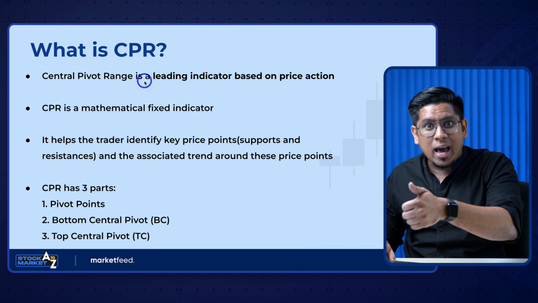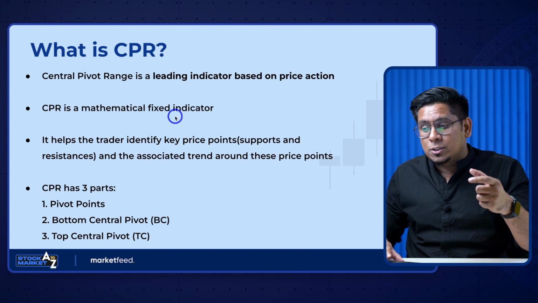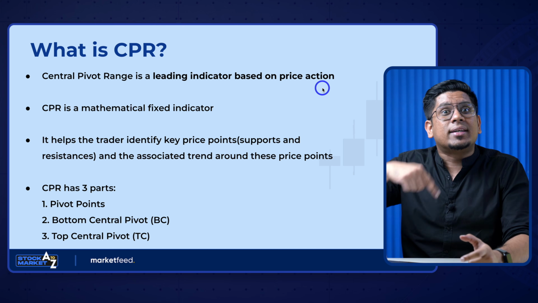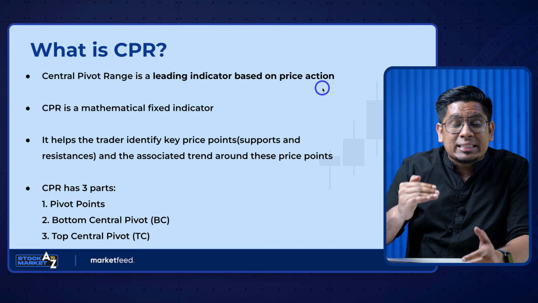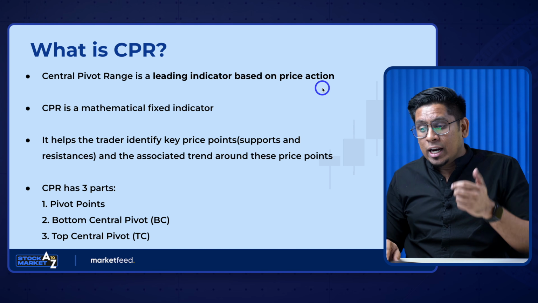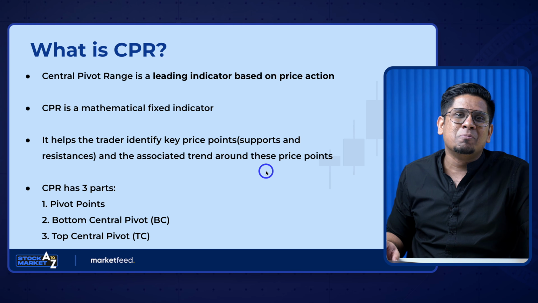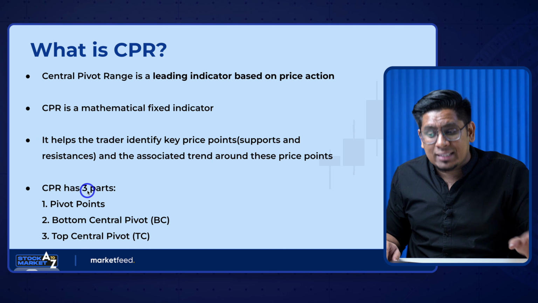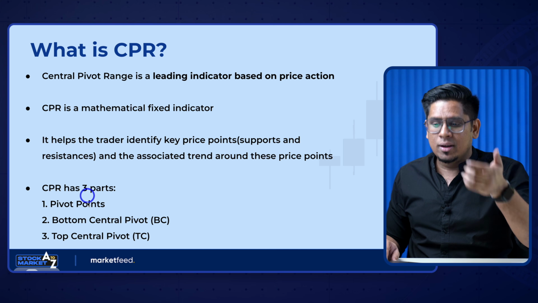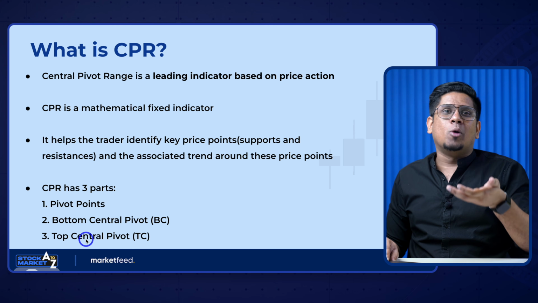So CPR is a technical indicator which is based on price action and it tells us support and resistance levels on the chart. It also talks about the associated trend around these price points. Beautiful, right? Now CPR has three parts: pivot points, bottom central pivot and top central pivot.